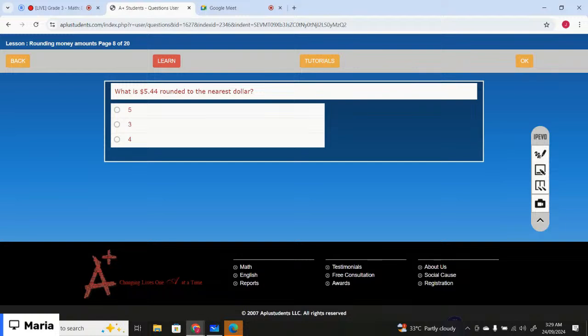What is $5.44 rounded to the nearest dollar, which is the correct option? 5.44 is rounded off to option number 1 is the correct option.